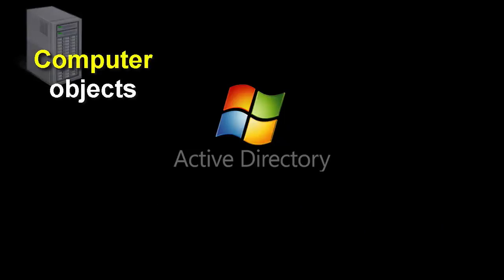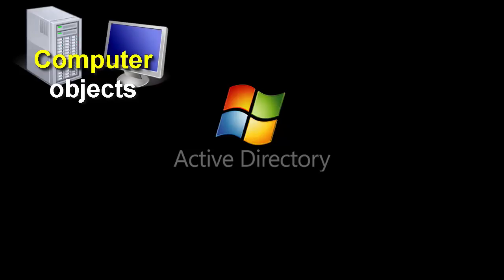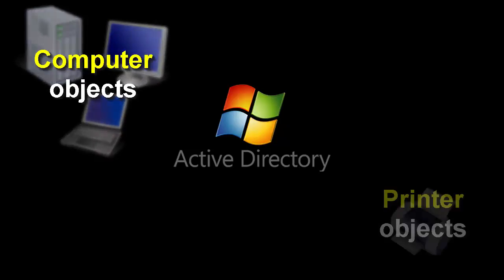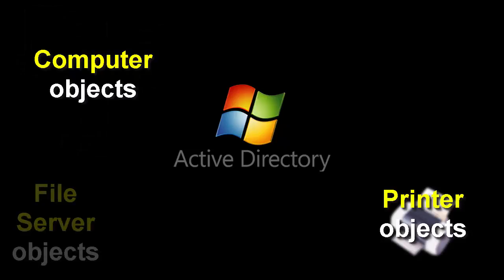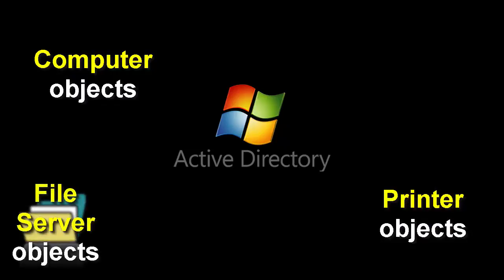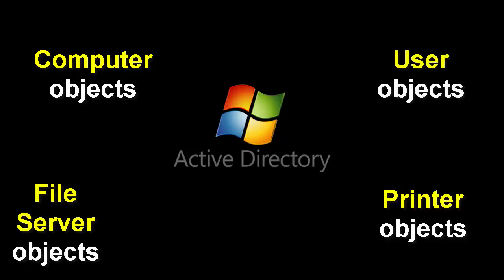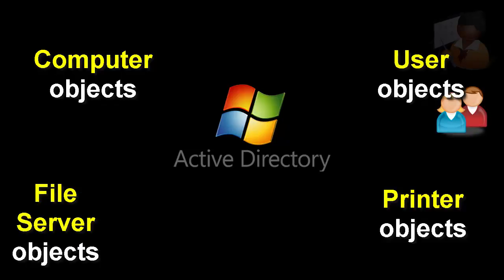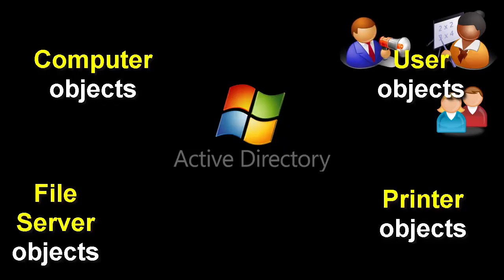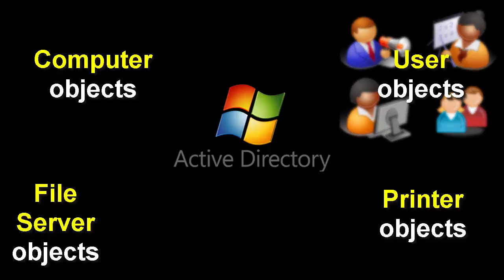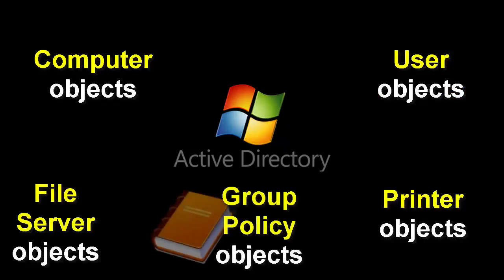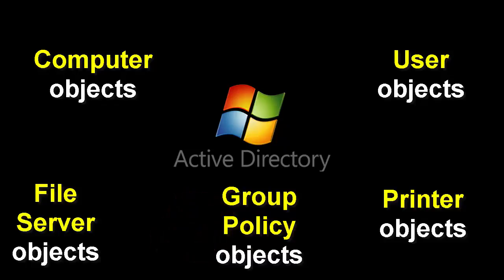Computers, and that includes servers, desktops and laptops, printers, file servers, and there is at least one file server in each school, users, which includes students, teachers, and office staff, as well as the central office administrative staff. And the final object is group policies. Group policies help to manage groups of objects instead of needing to do them on an individual basis.